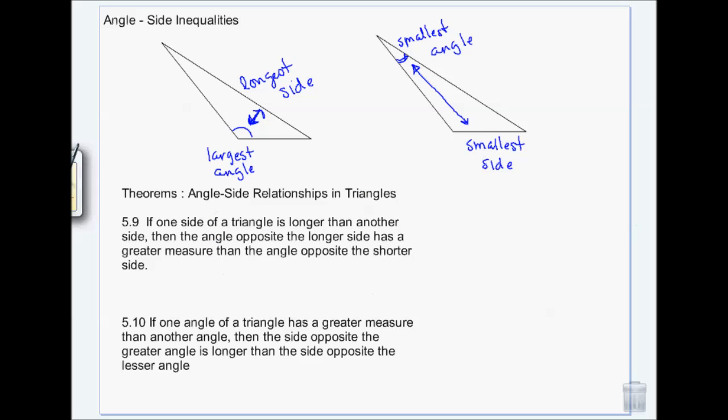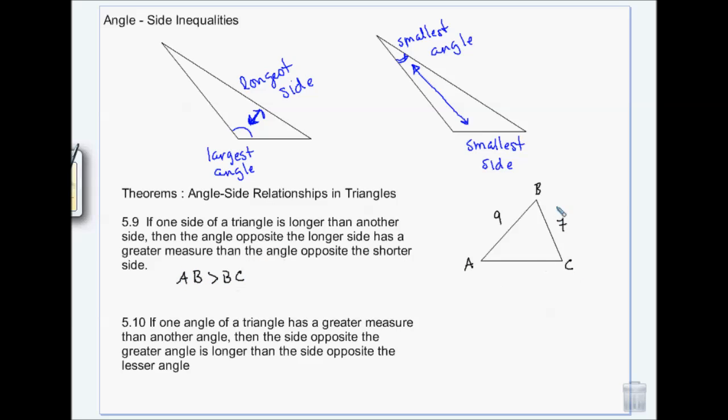So just to give you a concrete example. If I have some triangle and I label it ABC, and I tell you that side AB is 9 and side BC is 7, well, I know that means that AB is going to be greater than BC, right?